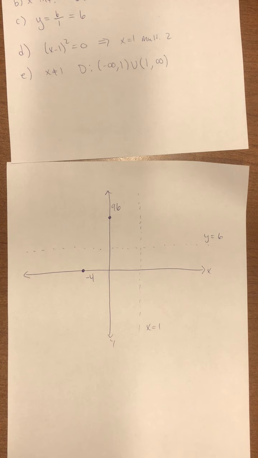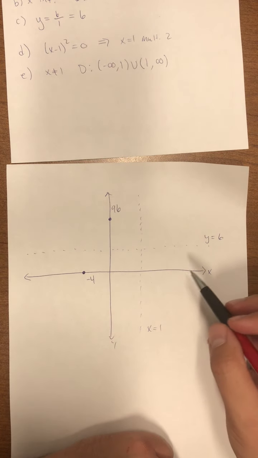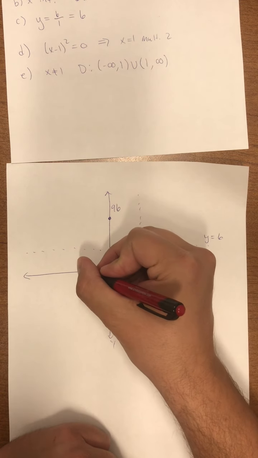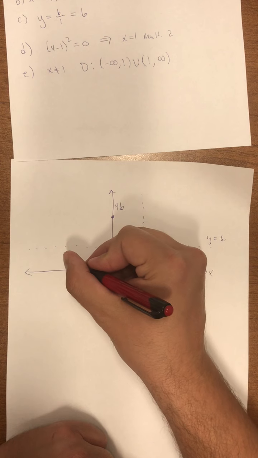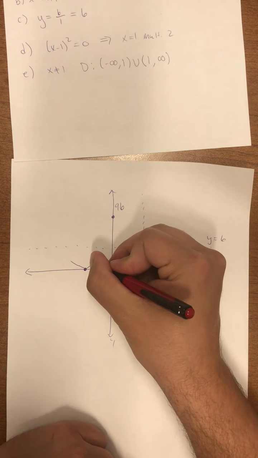If you cross an HA that doesn't violate any rules of math, such as division by 0, it tells you what's going on as the graph approaches plus or minus infinity. However, the graph cannot cross the VA at x equals 1. So we do know that we have to touch this x-intercept, and this x-intercept has even multiplicity. So this x-intercept is going to touch and return the same direction.